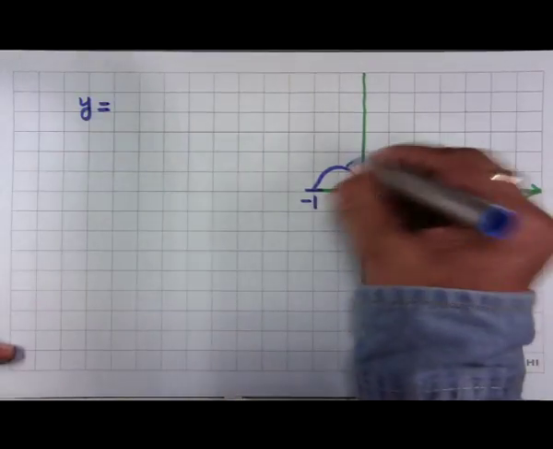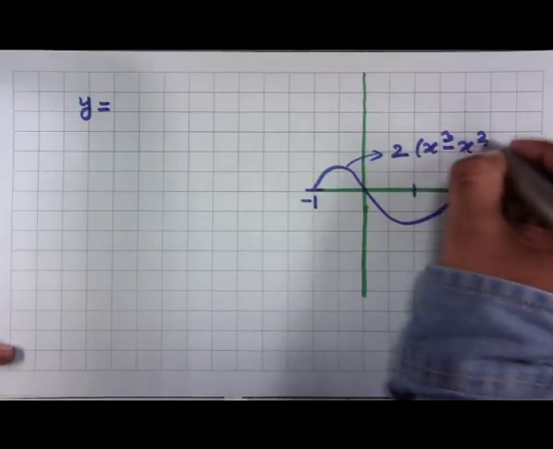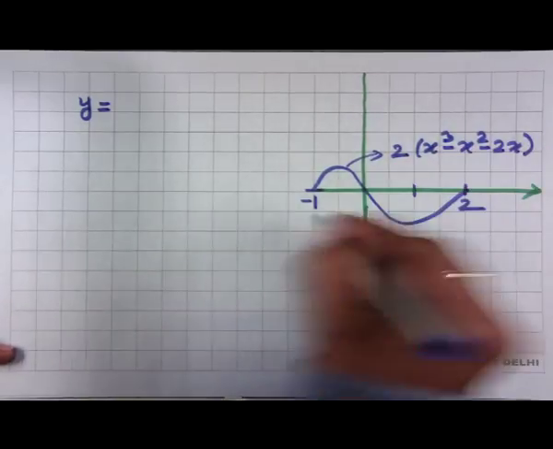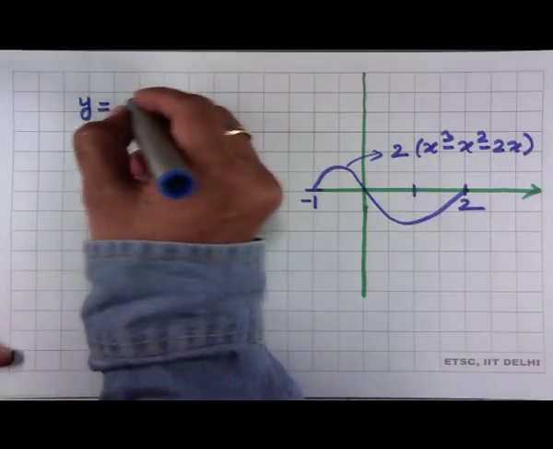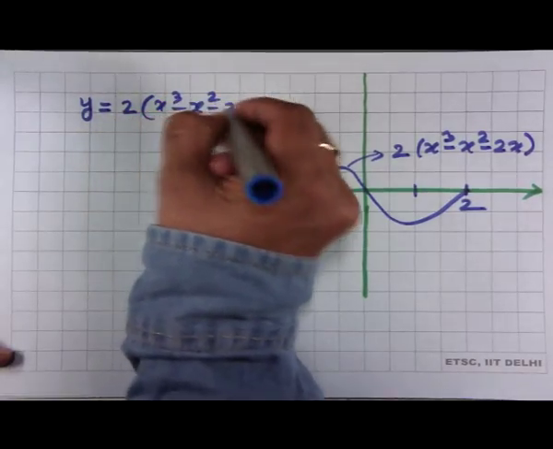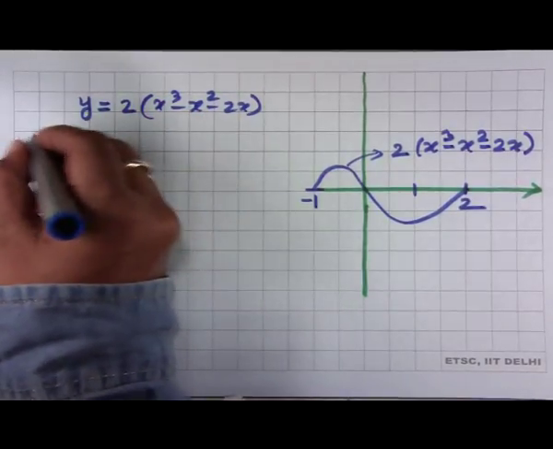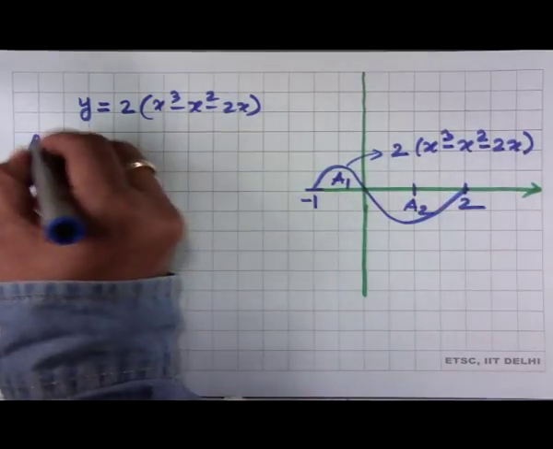The equation of the curve is 2x cube minus x square minus 2x. So, area, say this is A1, this is A2. Let us compute A1.